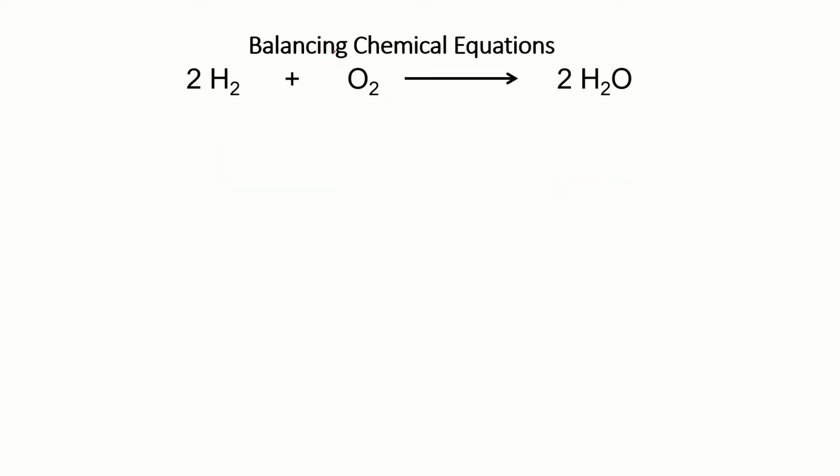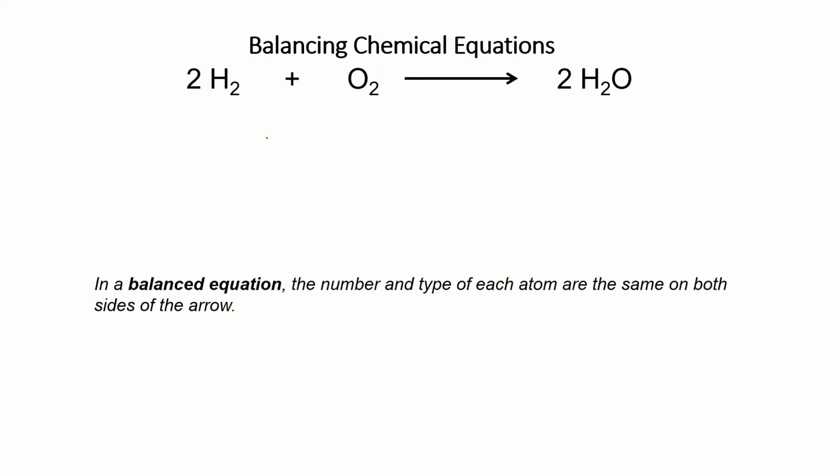Now, when we have a balanced chemical equation, you can find each element on both sides will have the exact same number of atoms. In here, you will have 2 multiplied by 2, a total of 4 hydrogen atoms on the reactant side. And now you can find 2 multiplied by 2, 4 hydrogen atoms on the product side.